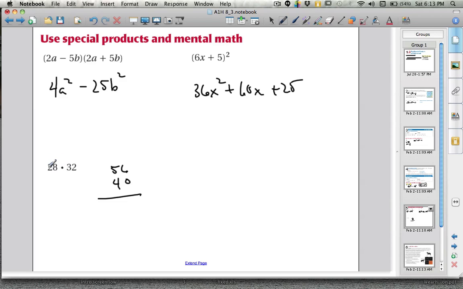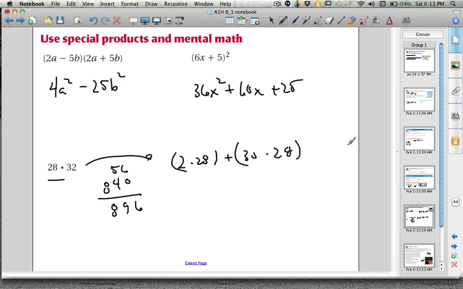If I carry the 2, 6 plus 2 is 8. I add them together and I get 896 for 28 times 32. So one thing I'm doing there is essentially saying this is 2 times 28 plus 30 times 28. It helps me break it into small parts that are easier to do.